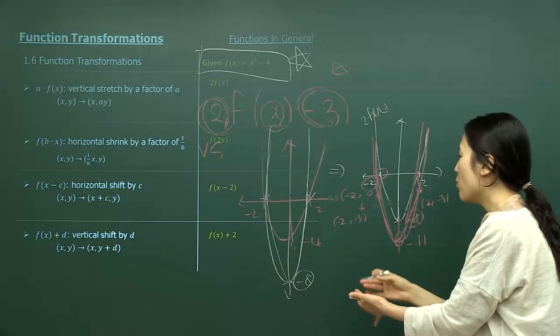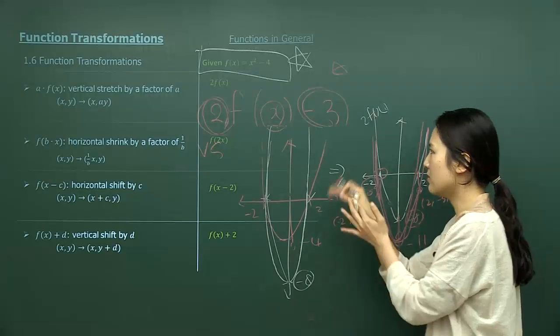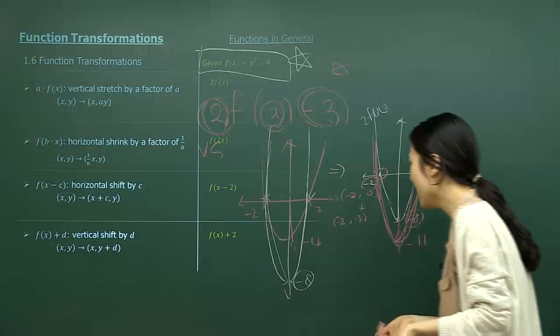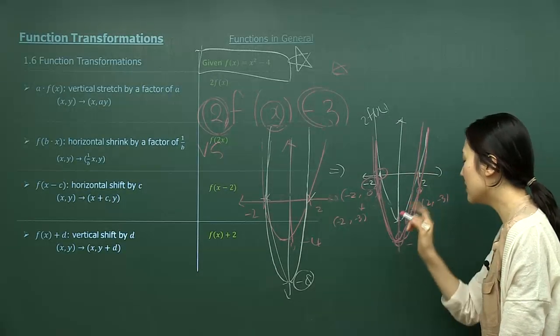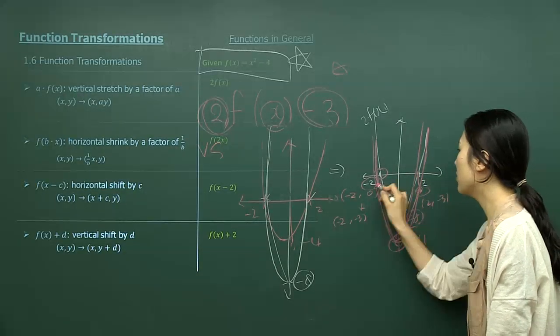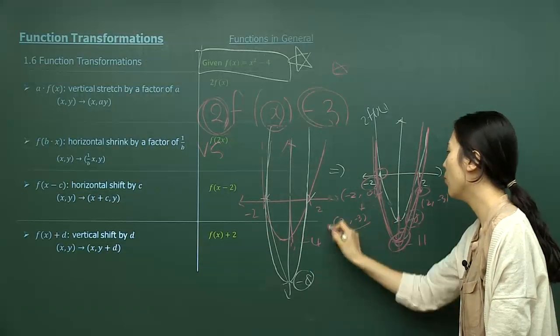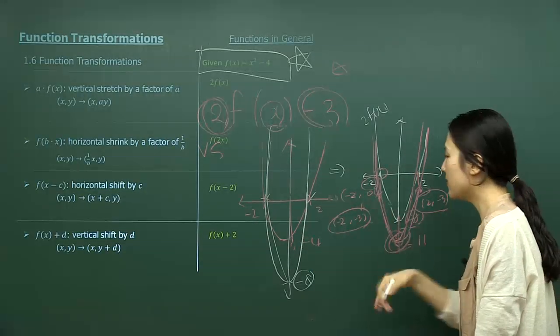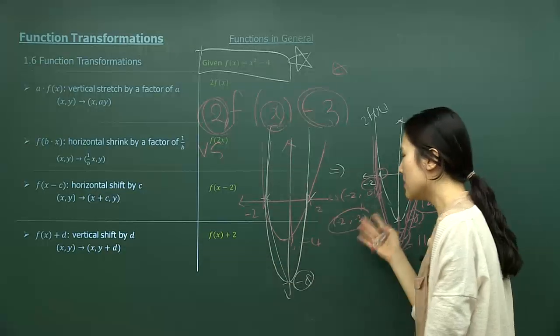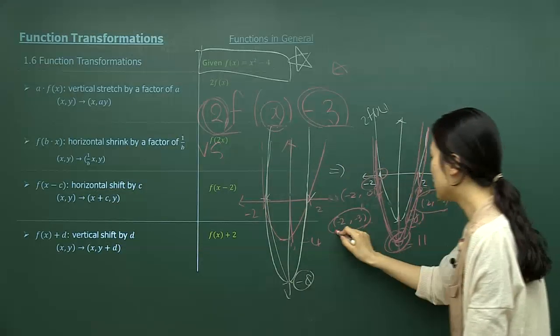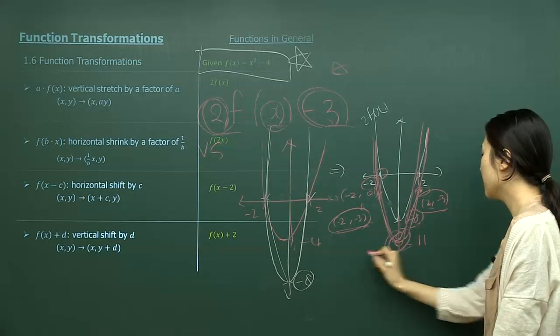Whatever you're doing, whether you're showing people how they are transformed in school or in an exam, just make sure that you show at least 1, 2, 3 different points, so that people know what you did with your previous function in a graph. Hence, you can show that you did everything you're supposed to do by showing a few coordinates for the new graph.